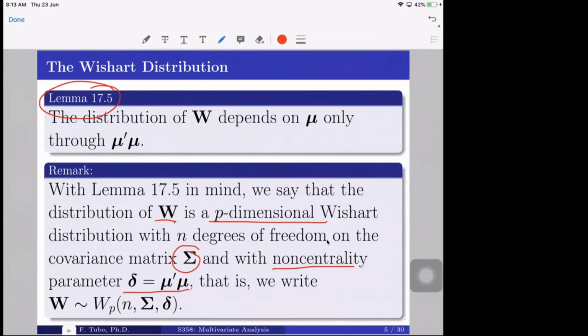So we write, in the general case of your chi-square distribution, W here will be Wishart P by P, and then there will be n degrees of freedom. So the first component is the degrees of freedom. The second component is your variance for the columns, or the covariances for the columns, and the non-centrality parameter delta.